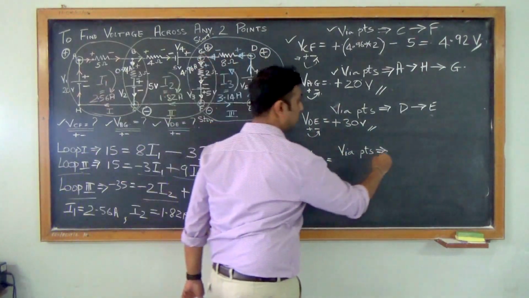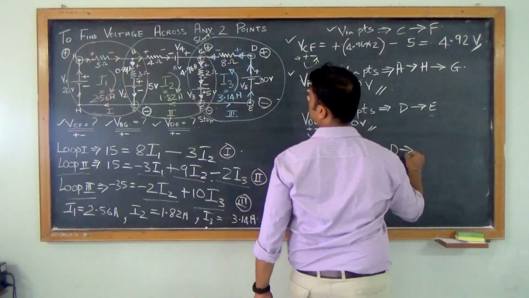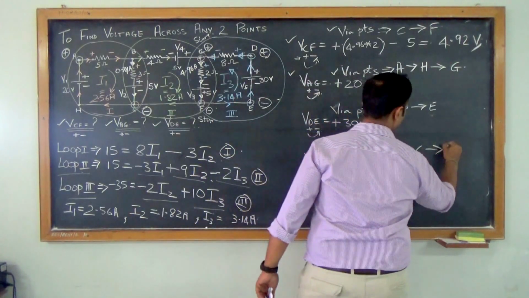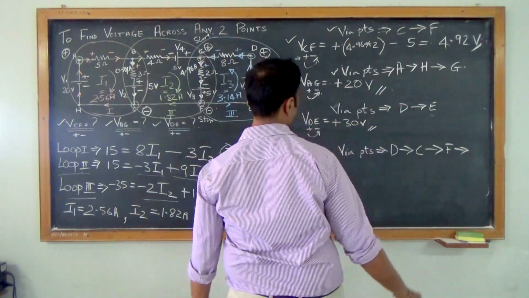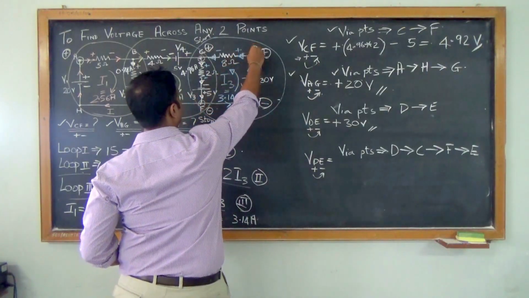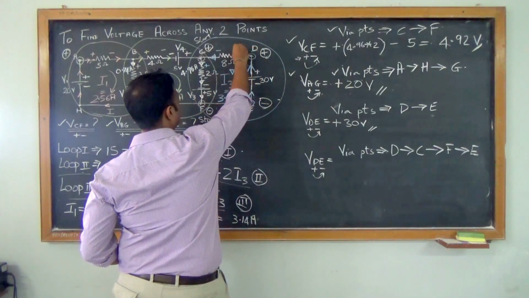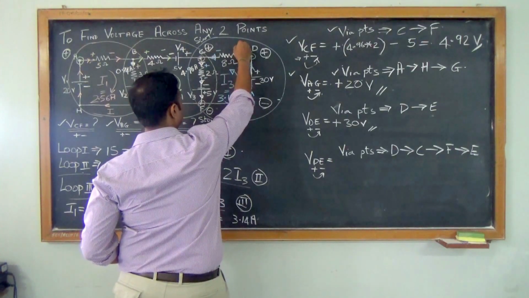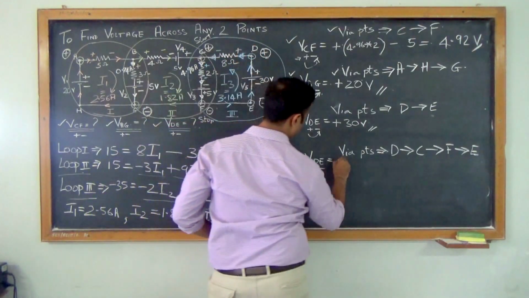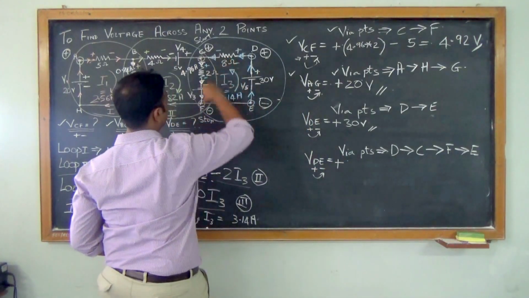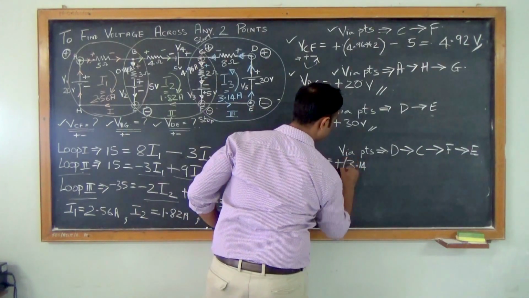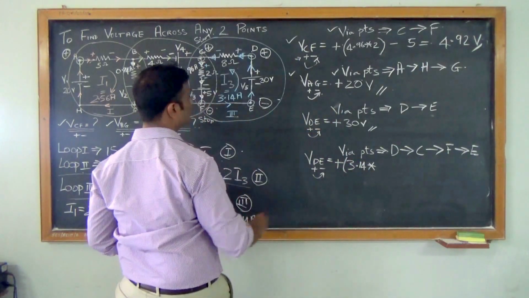So I will take wire points D to C, C to F, and F to E, starting from D. The first terminal it touches is a positive terminal of my 8 ohms resistor. So positive into positive, positive. What is the value of current? 3.14 into 8.